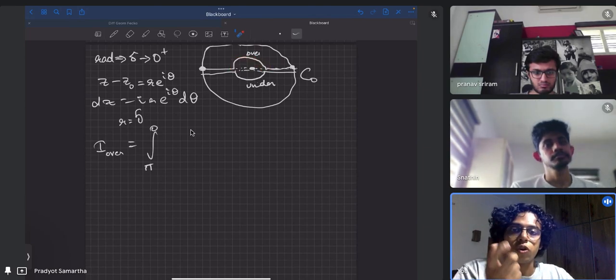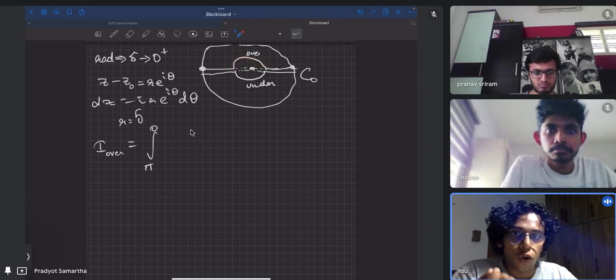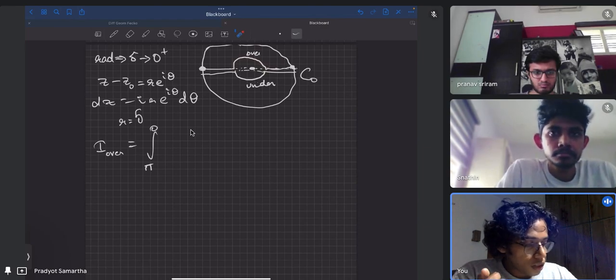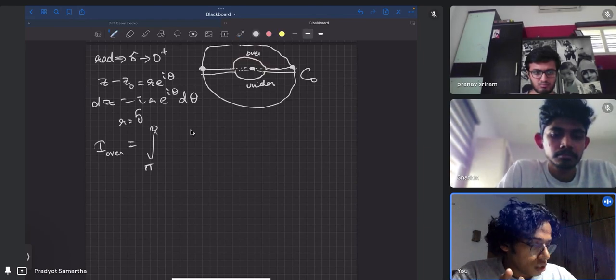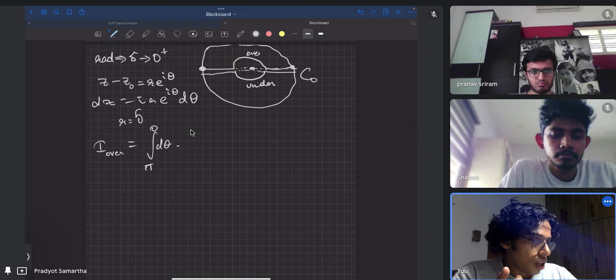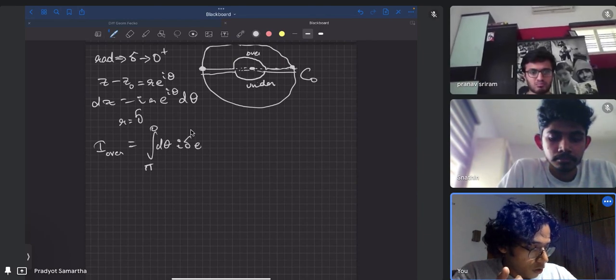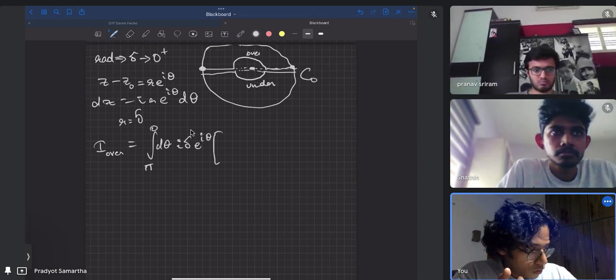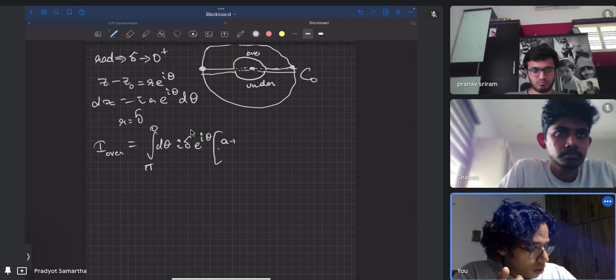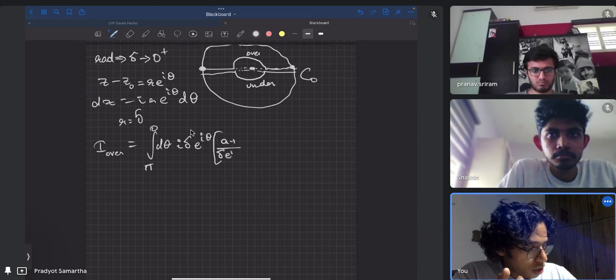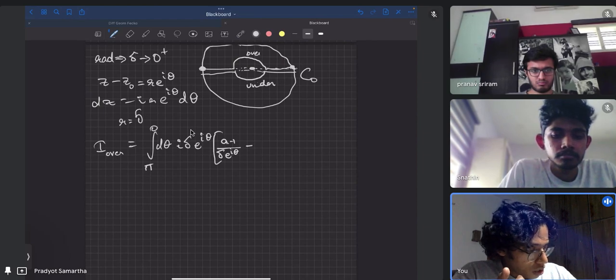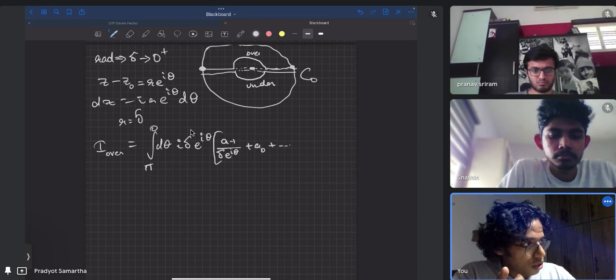You just want to calculate what the residue of this would be. So you get the integral of i delta e to the power of i theta d theta, times a minus 1 over delta e to the power of i theta, plus a naught, plus so on.